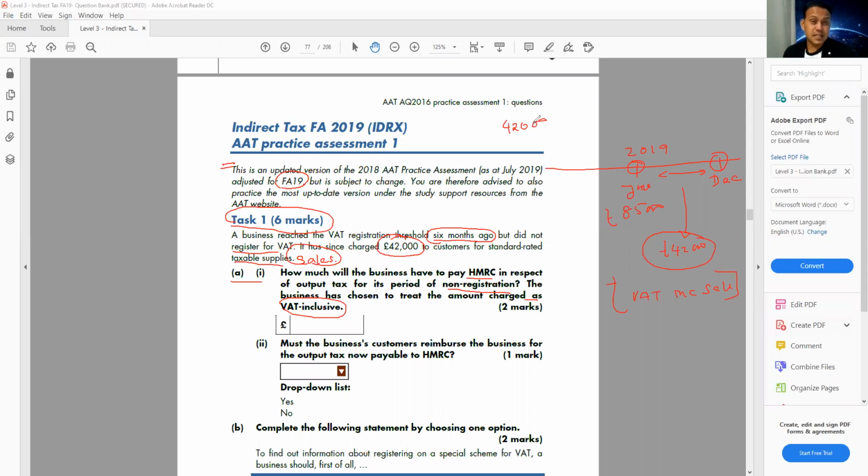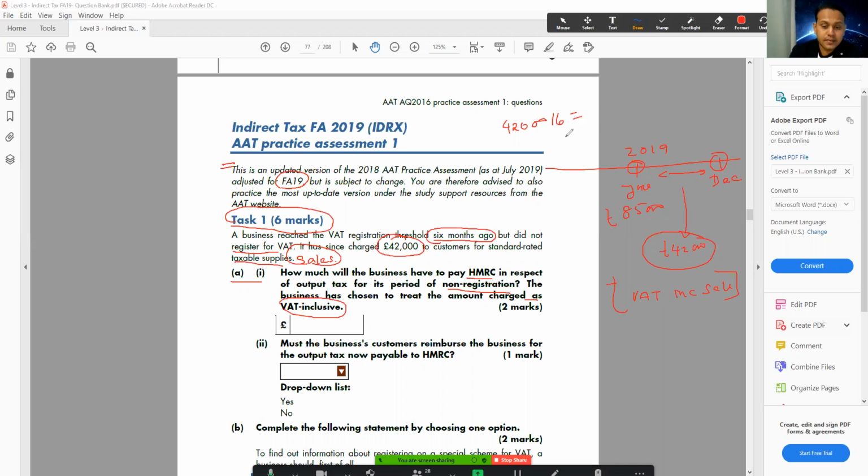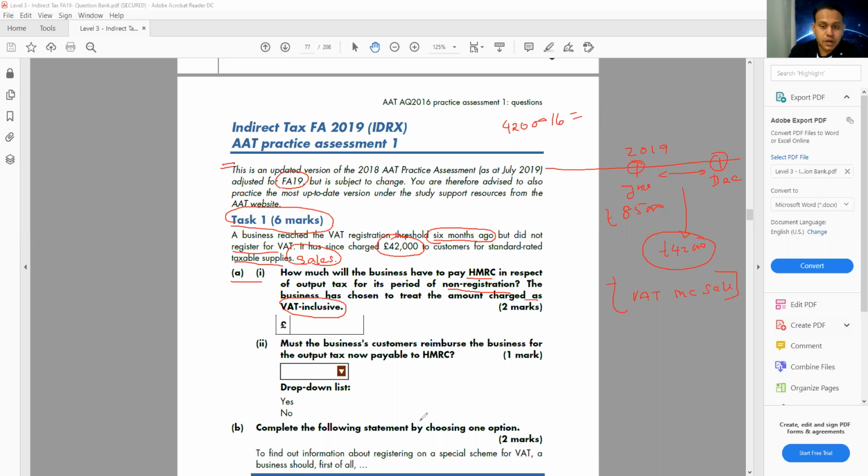When the VAT is inside, you always divide by 6 to take out the VAT. So 20% VAT is inside. 42,000 divided by 6 will give us a VAT of 7,000.